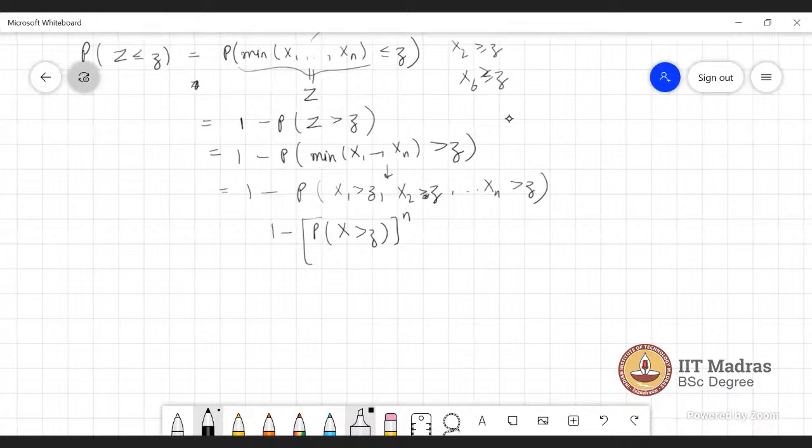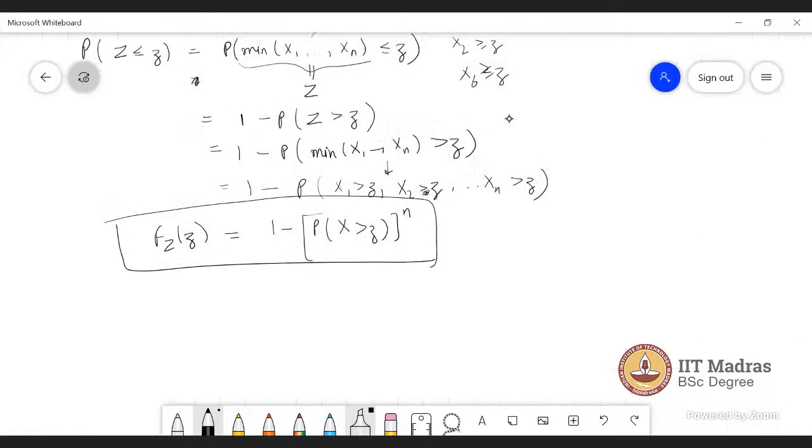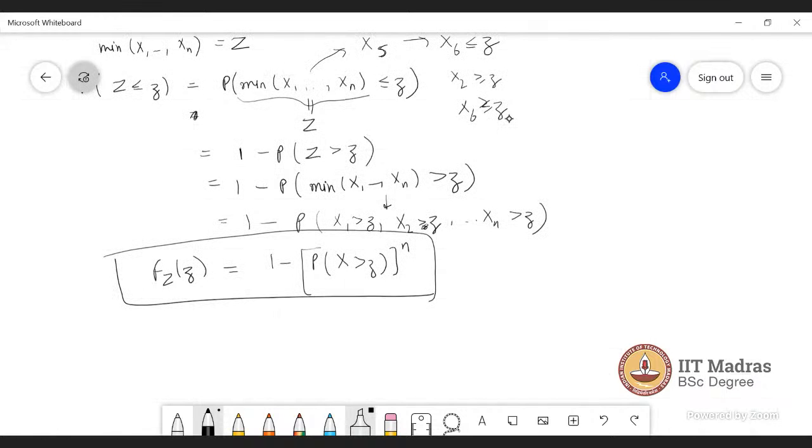From the first step to the second step, it is 1 minus p. If you have some event A, and we have to find the probability of A complement, we write 1 minus the probability of A. The same thing we have done here.